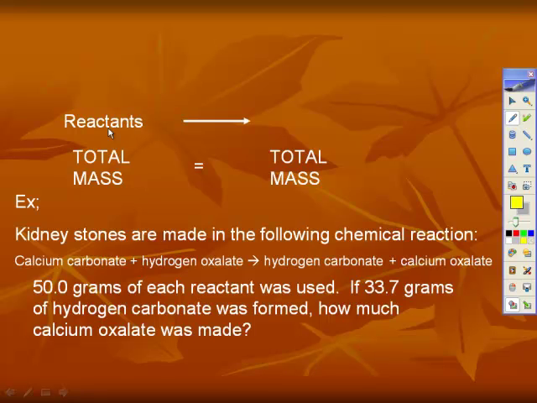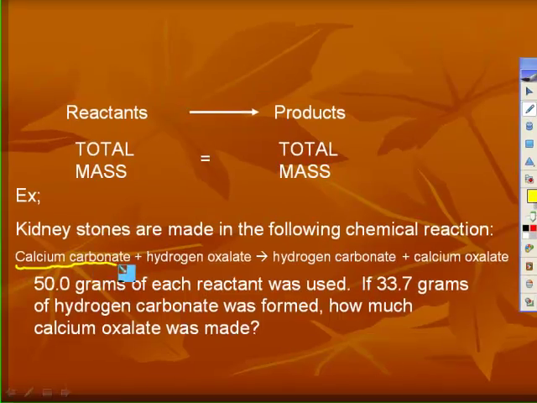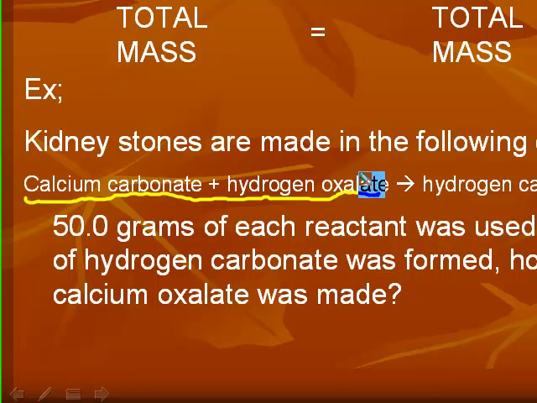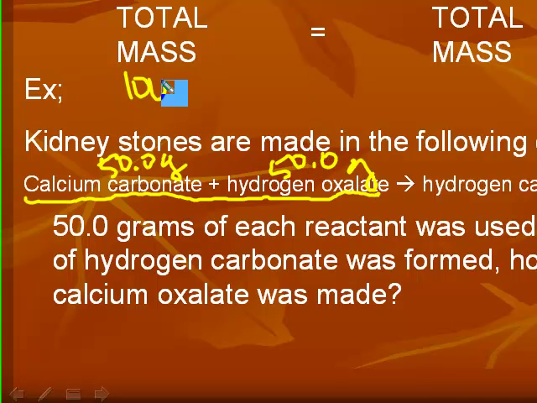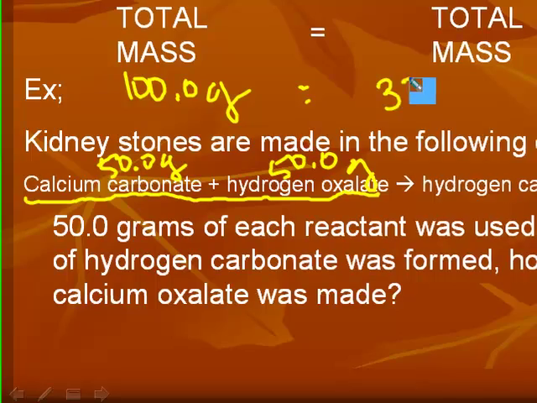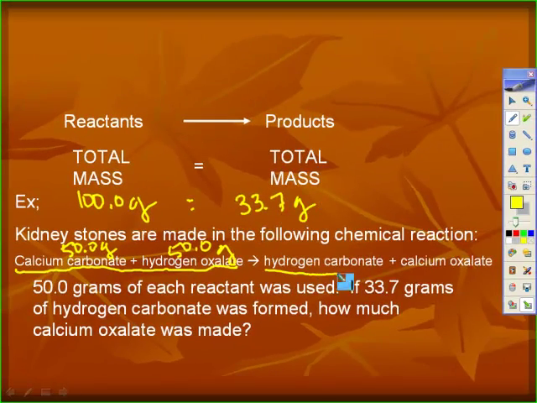So whatever reactants I start with, if I were to take the total mass of that system, then that better be the same as the total mass of my system at the end. So this is an example problem, and it's in your notes. It says kidney stones are made in the following chemical reactions. You can see that right here are your reactants, and you're using 50 grams of each. That means my total mass is 100.0 grams. Then it's saying over here you have 33.7 grams of just this hydrogen carbonate.